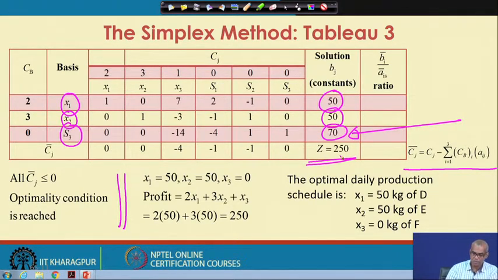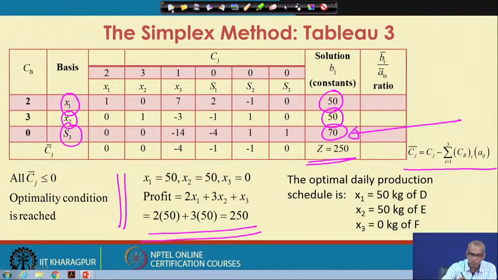So, the profit is 2x1 plus 3x2 plus x3, x3 is 0 because x3 is a non-basic variable at the optimal final tableau. So, profit is computed as 250.